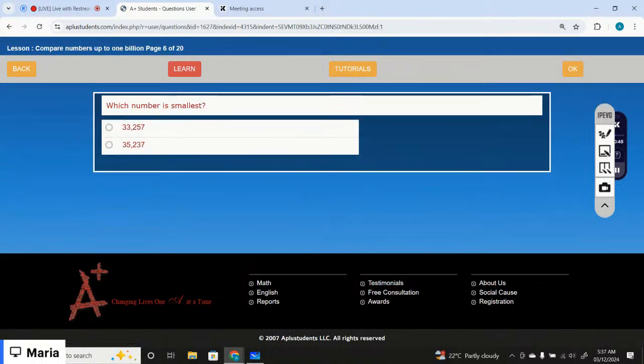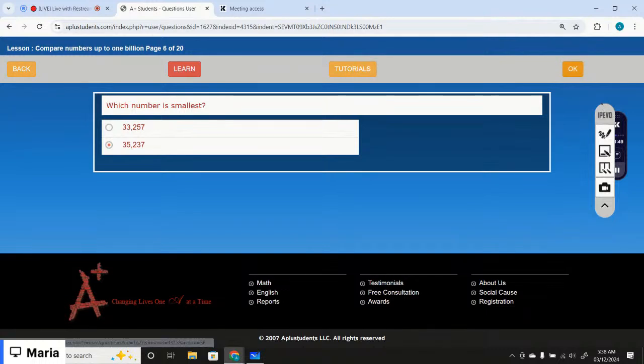Which number is smallest? Option number 2 is the correct option.